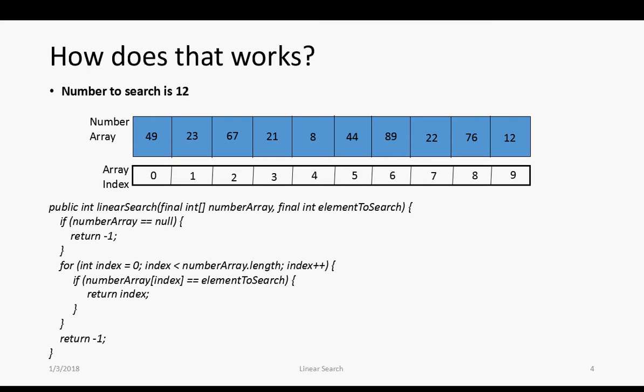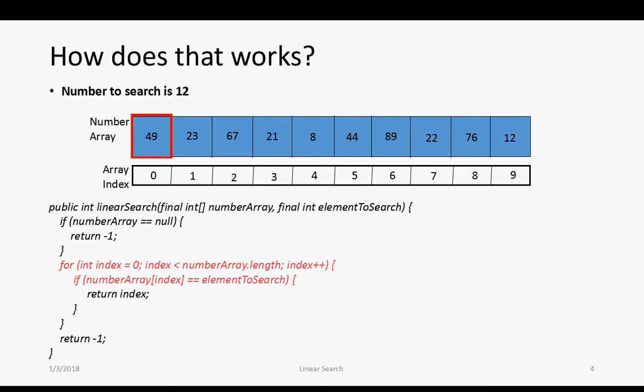It's not null. Hence, I will move to the for loop where I will initialize the index value as 0, and check that index is less than number array dot length, where the length is 10. 0 is less than 10. Hence, I will go in the loop and check if the number at index 0 is equal to 12.